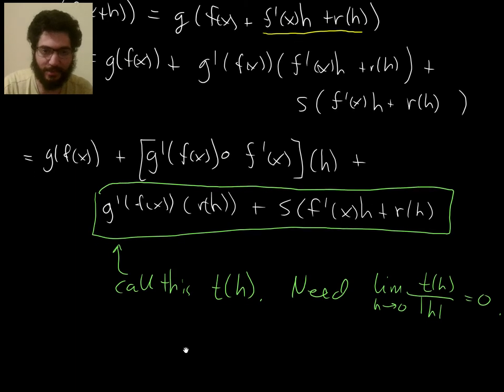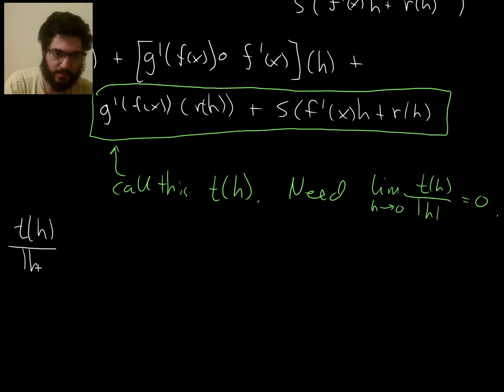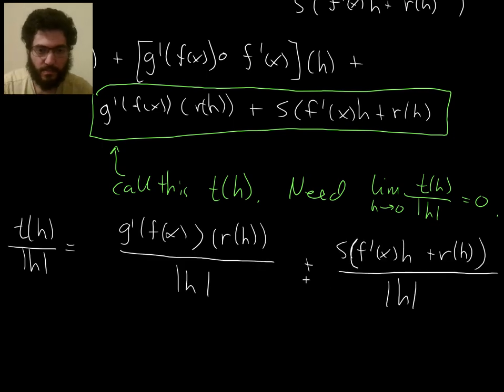Now it's going to be a little bit more complicated. So if I look at t of h over norm h, that's g prime f x of r of h over norm h plus this other thing over norm h.